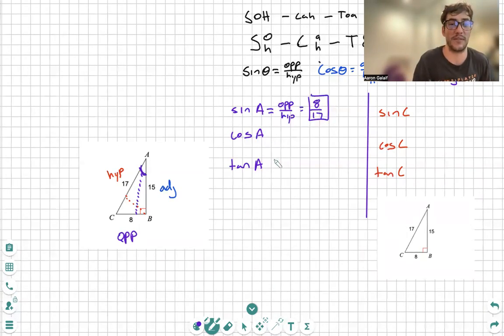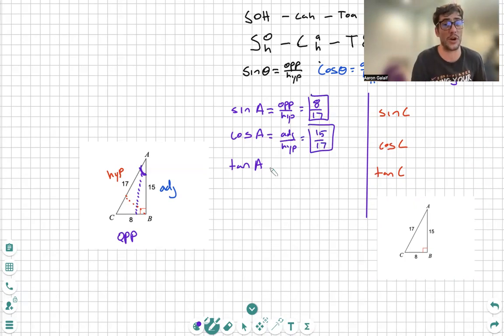Now let's do the cosine of A. Cosine of A is adjacent over hypotenuse again. Adjacent is 15. Hypotenuse is still 17. Super easy, as you're starting to notice. It's not bad at all. Remember, as long as we label and organize, these things become very simple. Then tangent is opposite over adjacent, and we see this is going to be 8 over 15.